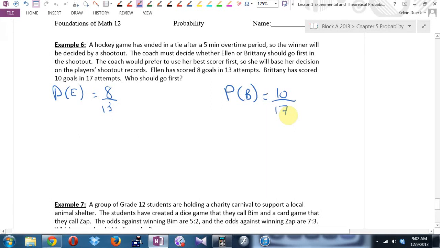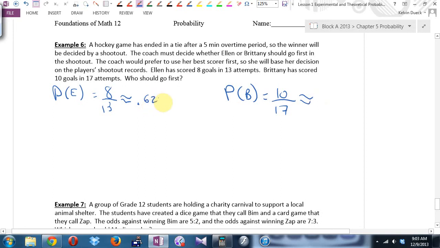You guys kind of suck at fractions. If I ask you what's bigger, 8 out of 13 or 10 out of 17, because they're both prime numbers on the bottom, that's a tricky one. Hey, change them to decimals. Get your calculators out. What's 8 out of 13 approximately equal to as a decimal? 0.62.